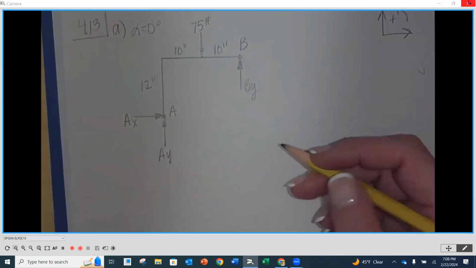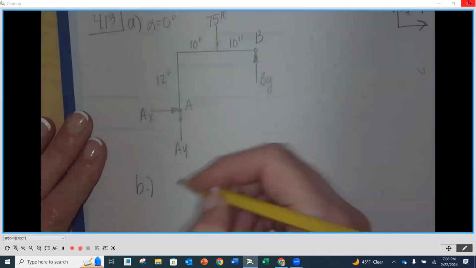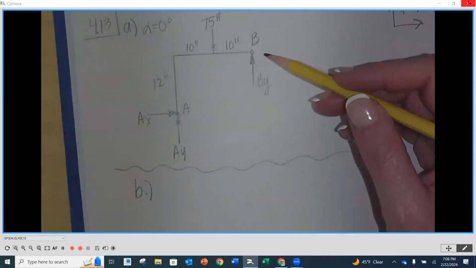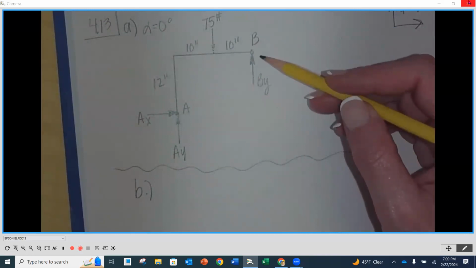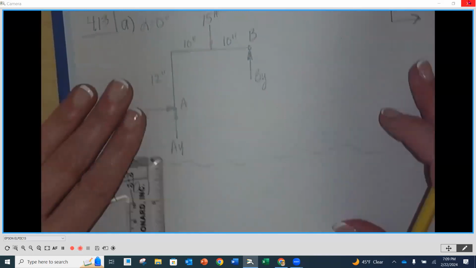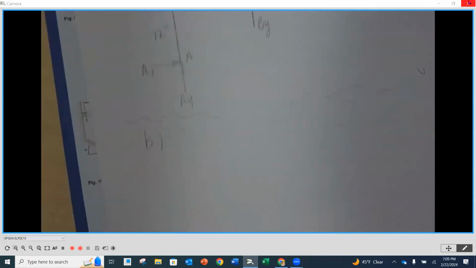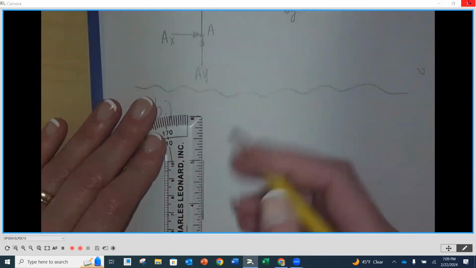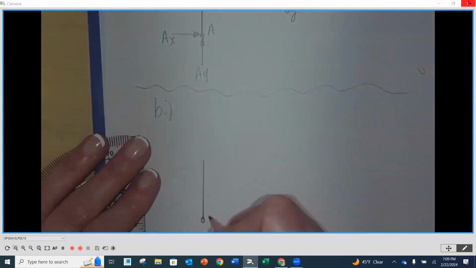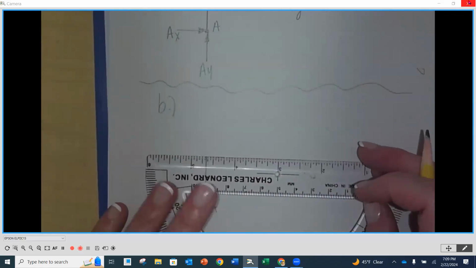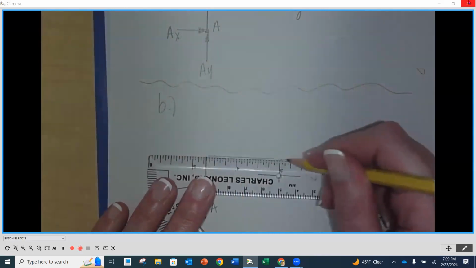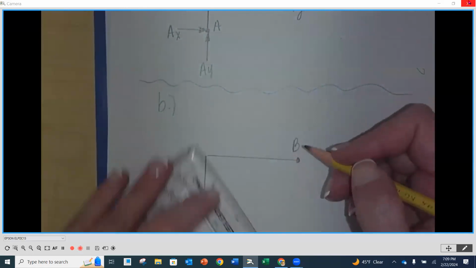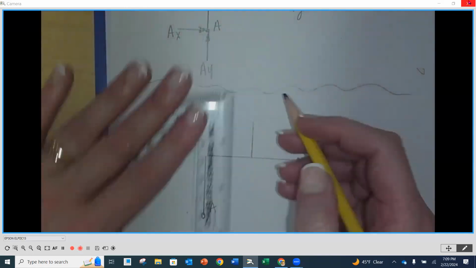Okay. Part B, same problem, except the orientation of the surface that B is riding on is going to be vertical. So how this changes is everything else remains the same. So I'm going to draw my A over to B. In the middle is the 75.